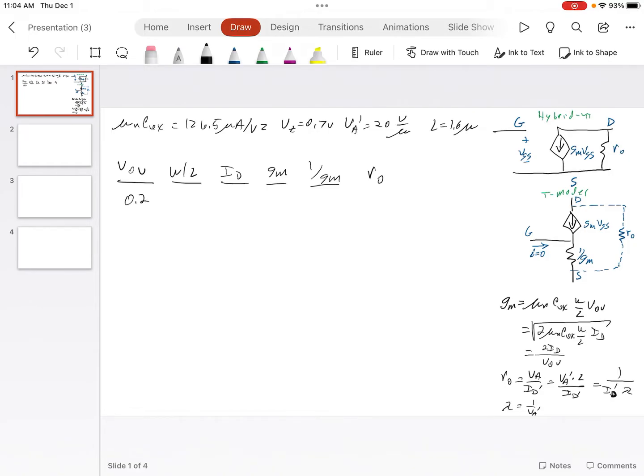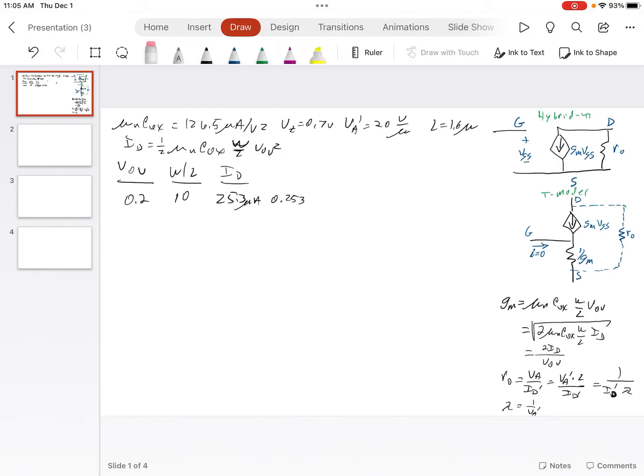So we had a V_ov of 0.2 volts and W over L of 10. Then using the saturation equation, 1/2 mu_n C_ox W over L V_ov squared, since these models are only valid in saturation, we get 25.3 microamps, and we'd get a value of gm of 0.253.